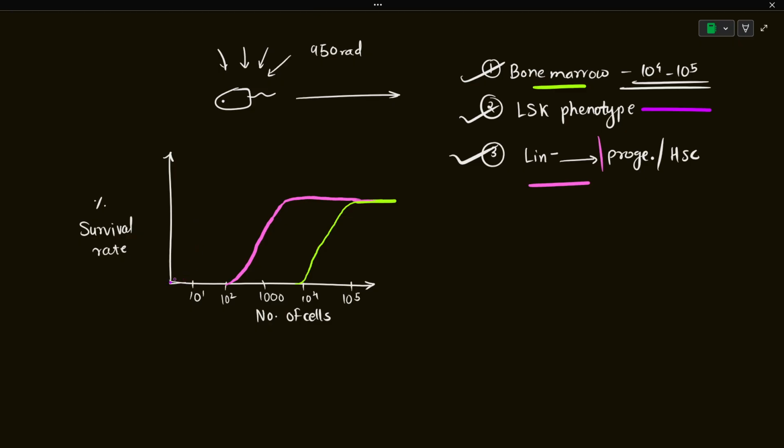So only a few hematopoietic stem cells are required for ensuring 100% survival of the mouse. This was the graph found by researchers when they experimented with the introduction of different cells.